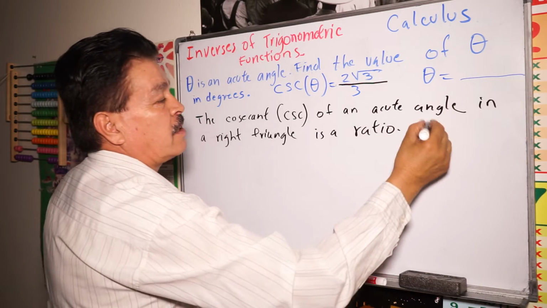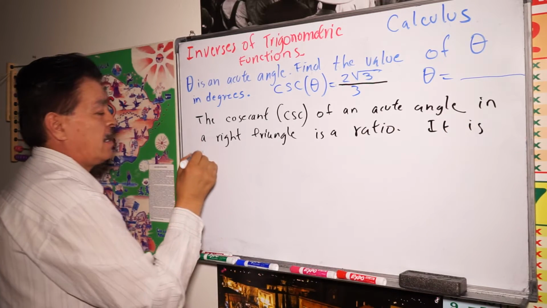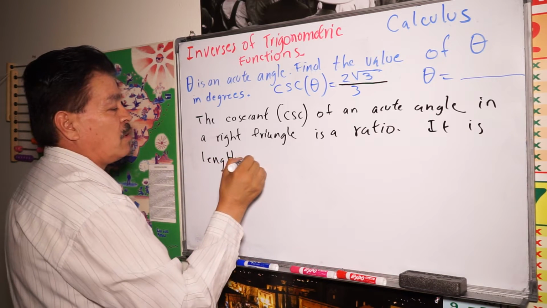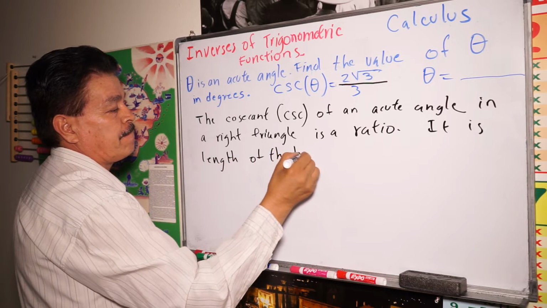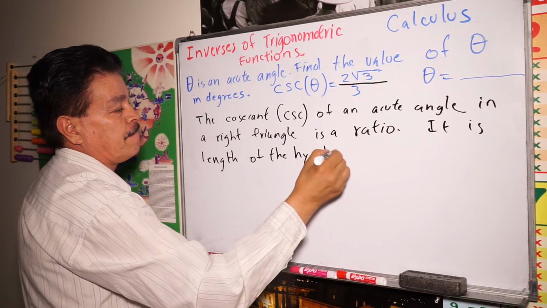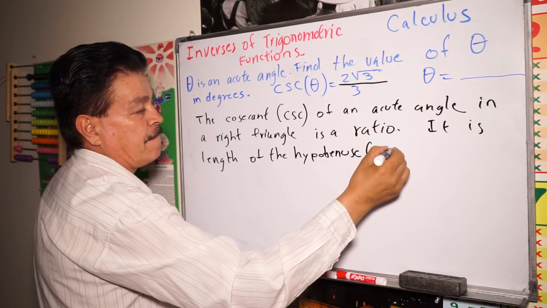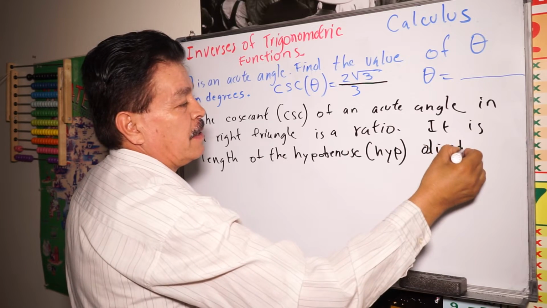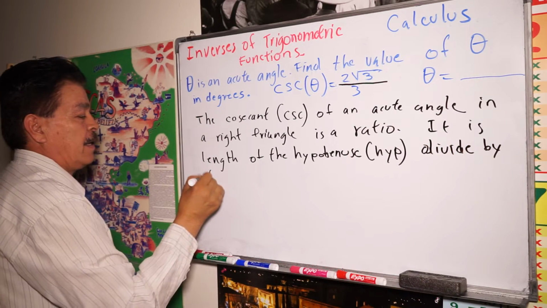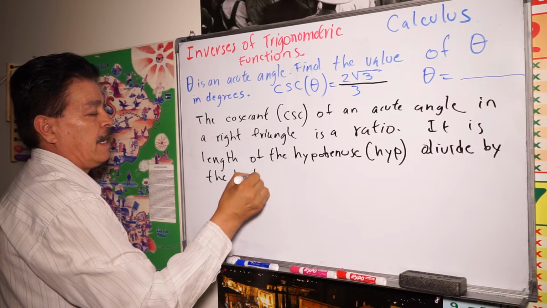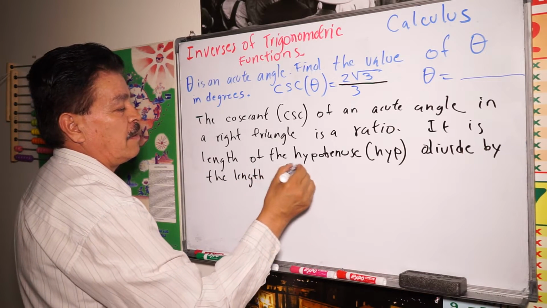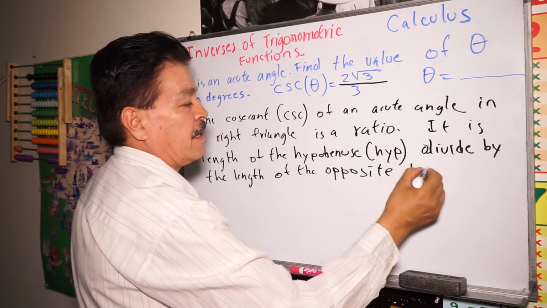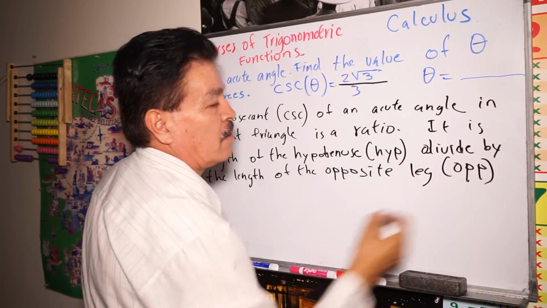It is the length of the hypotenuse divided by the length of the opposite leg. So write it this way.